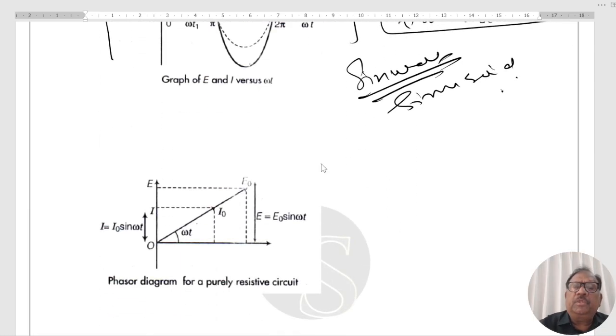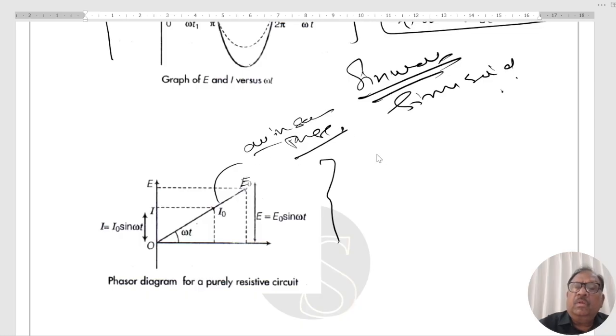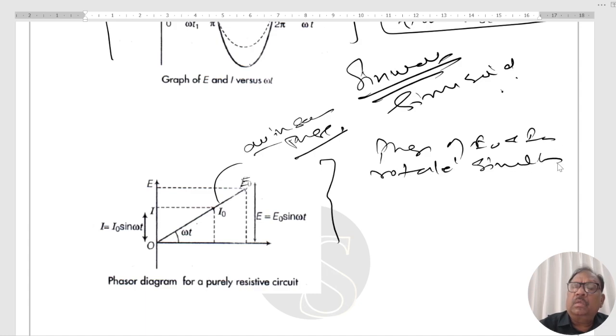The other one is the phasor diagram. Purely resistive means E naught and I naught are in the same phase. In the phasor diagram, the phasors of E naught and I naught rotate simultaneously, that is, at the same time.